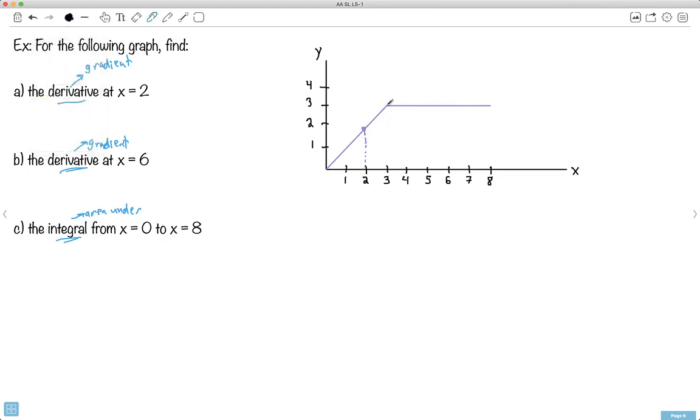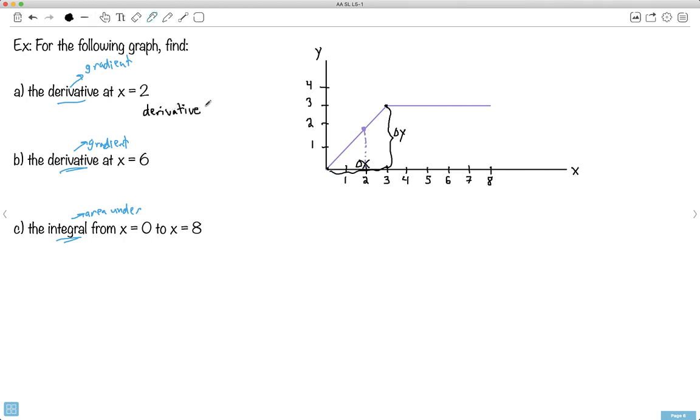I'm going to use good old-fashioned rise over run. I'm going to use this right here maybe as my second point. This is my first point. You know what I mean? I can go like this right here and say, all right, this will be my delta y. This right here will be my delta x. So my gradient then will just be, actually I shouldn't say gradient, I'll say derivative, because that is what it is, which is the gradient. Remember, they're the same.